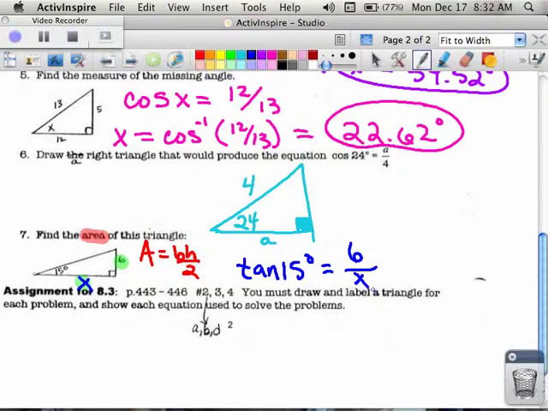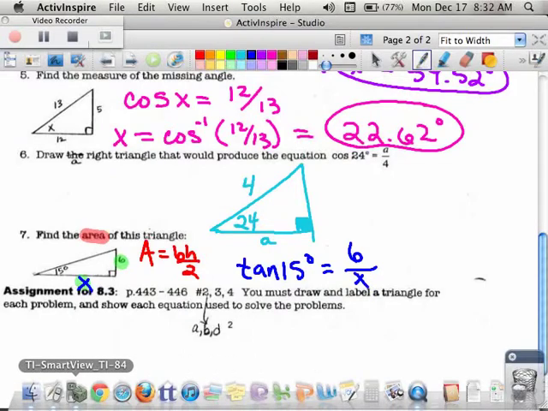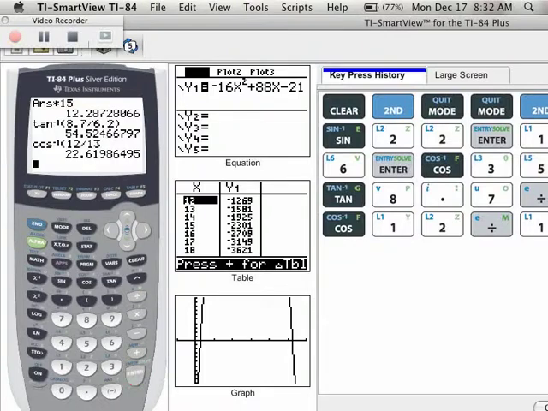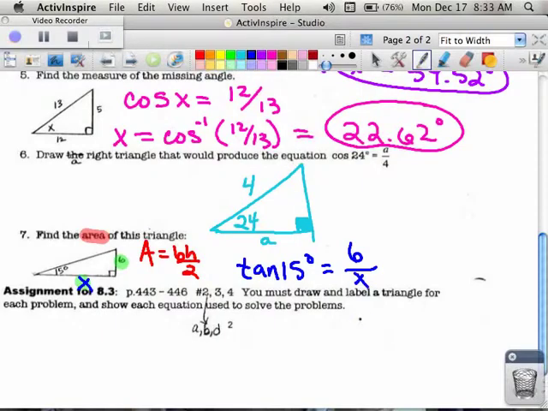So I go to my calculator, and I type in the tangent of 15 degrees. And going to 4 decimal places means I have 0.2679. So 0.2679 is the tangent of 15 degrees. And that's equal to 6 over x.